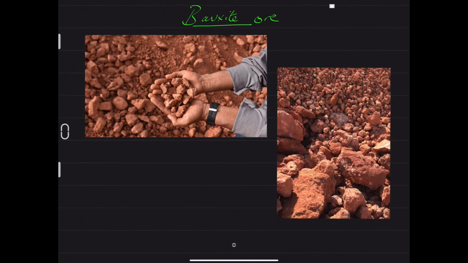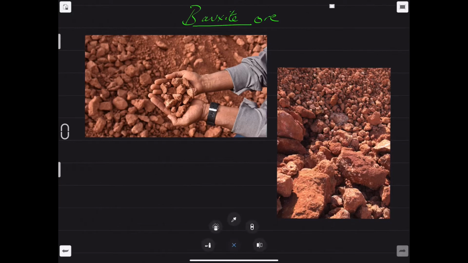And that's why when you put this through a process of purification, you get wastewater, which is brownish in color. This also has to be stored carefully in a separate place.